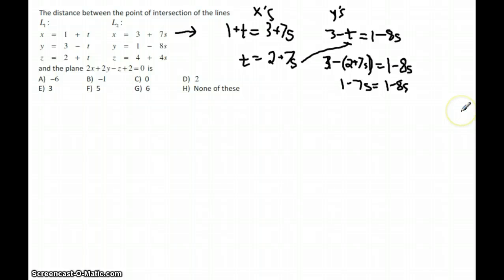And so it tells us that s has to be 0, because the 1's cancel out, and how could 7 times a number be the same as 8 times a number? So s is 0. If s is 0, then t is 2. And now we know the s and t that make x and y the same.